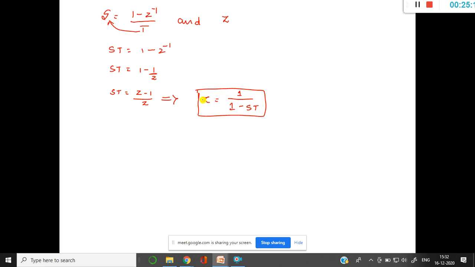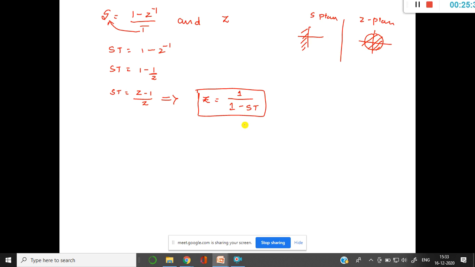What is the meaning of z in this case? Because I need to map a frequency, right? I have poles and zeros in the s plane, so I need to map the poles and zeros onto the z plane. I need to ensure that all the left hand side poles and zeros will lie within the unit circle, to ensure the stability of the system, right?